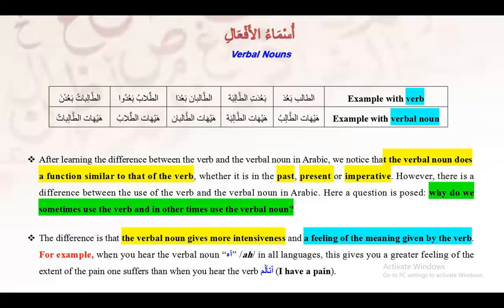If you want to give more intensity, you use the verbal noun. It feels like more pain than أتألم, which means I have pain, but if I say آهي, it means it's painful.